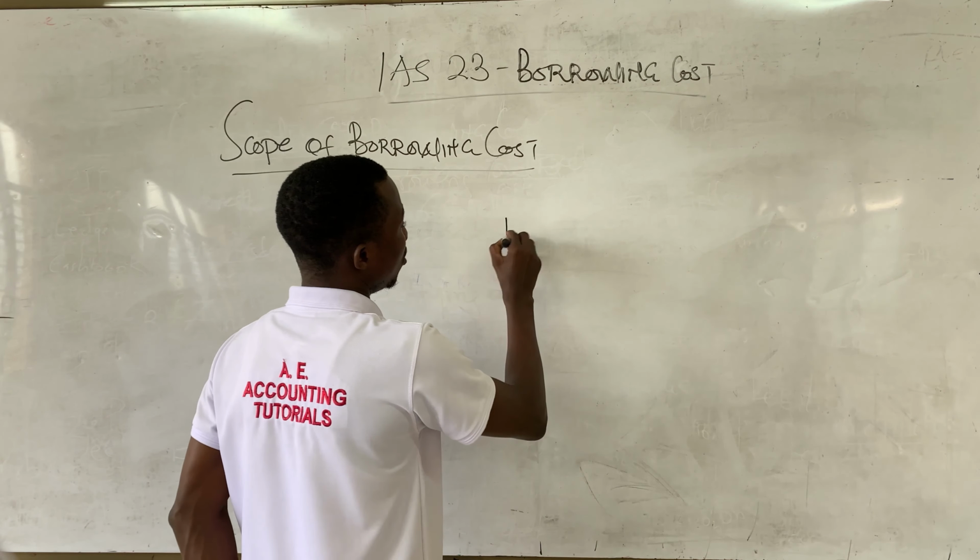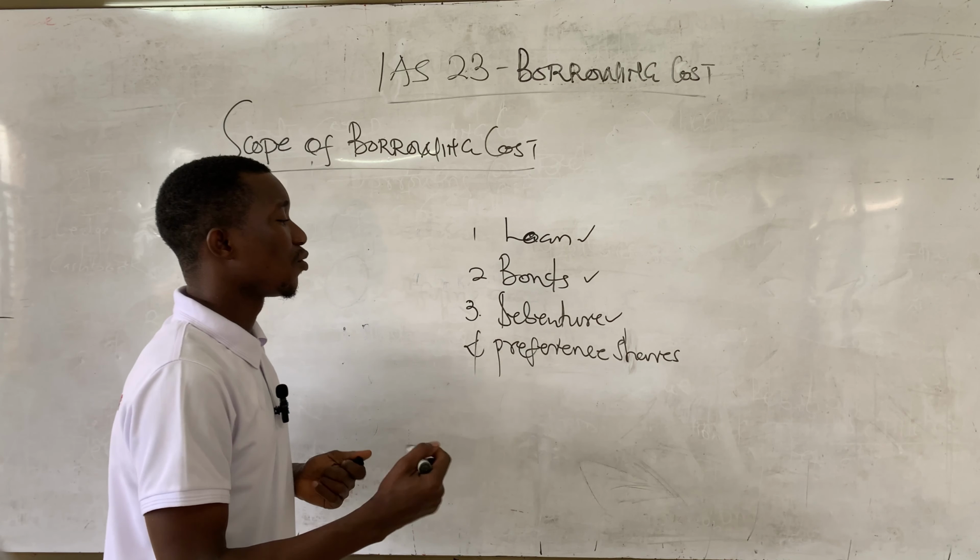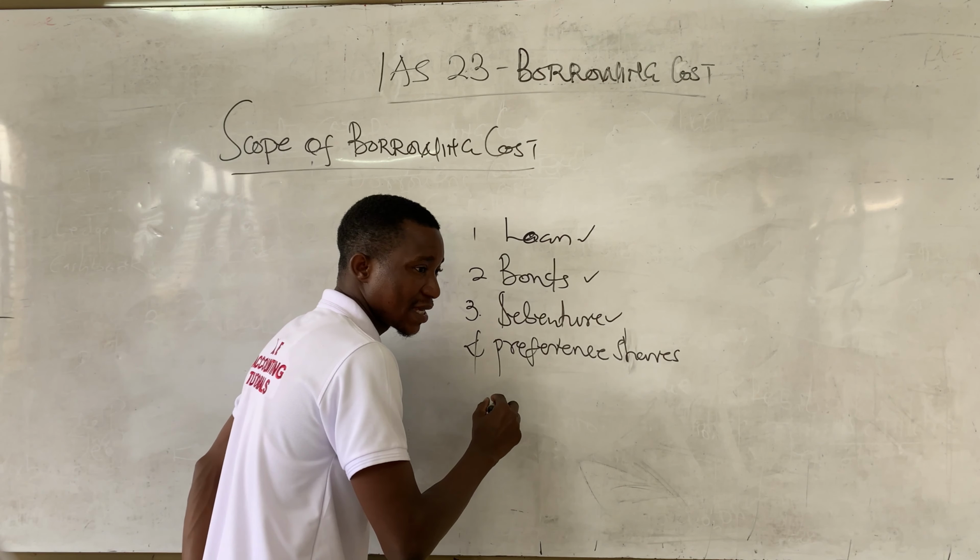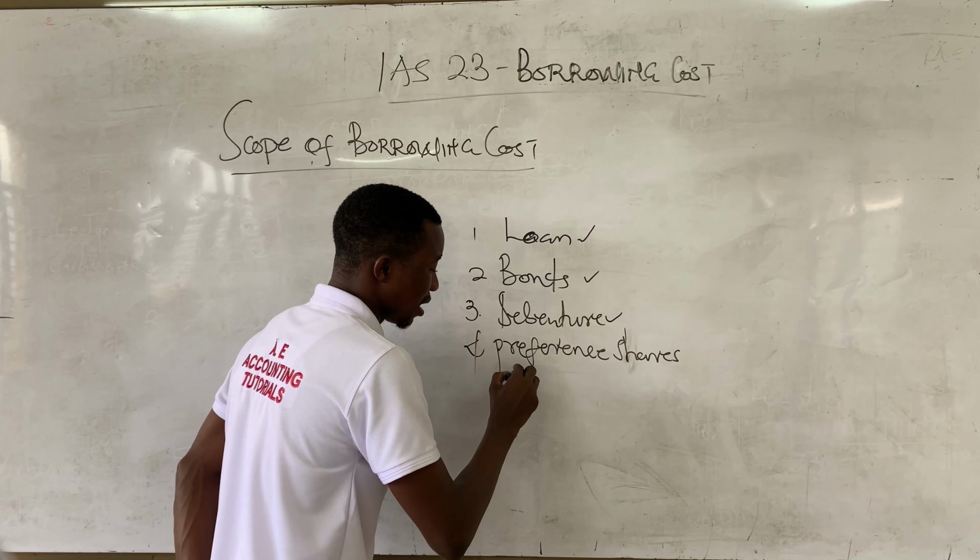But if the business decides to raise money through preference shares or preferred capital, which is not recognized or classified as a liability, then the finance cost associated with the preference share cannot be considered a borrowing cost.